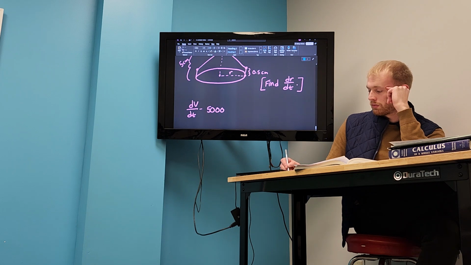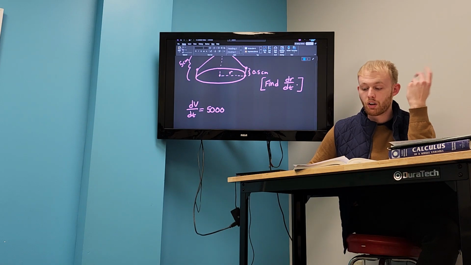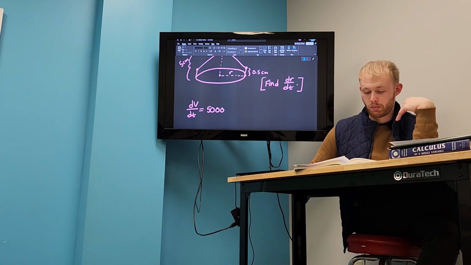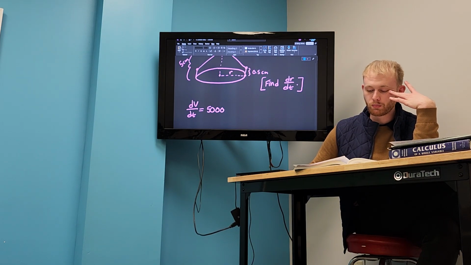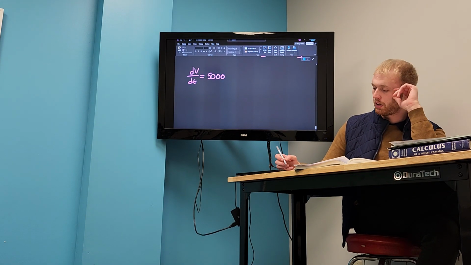Because then you have to convert it to centimeters. So we will need to convert our liters per minute to centimeters cubed per minute, right? So how do we convert that?